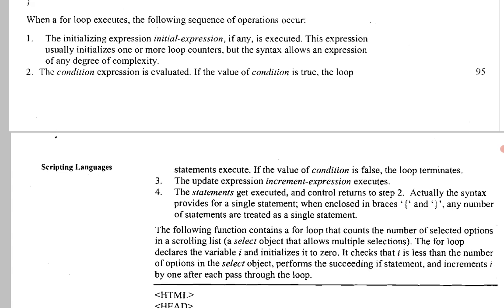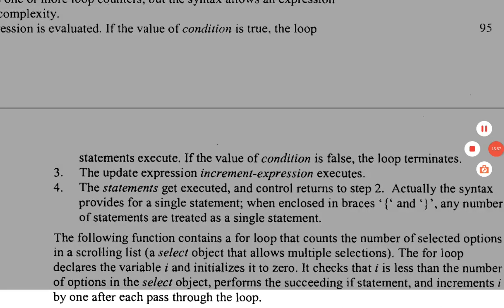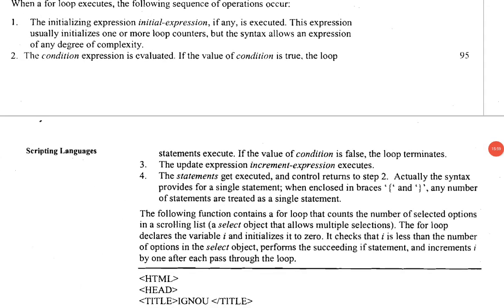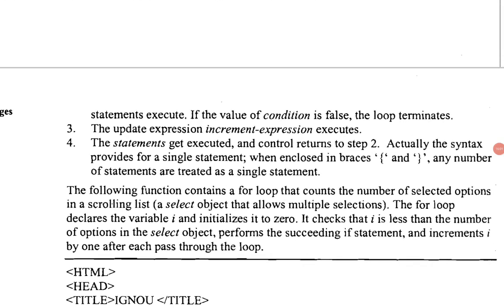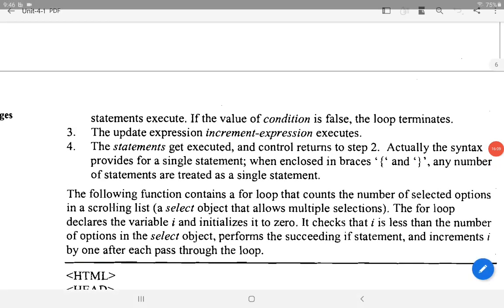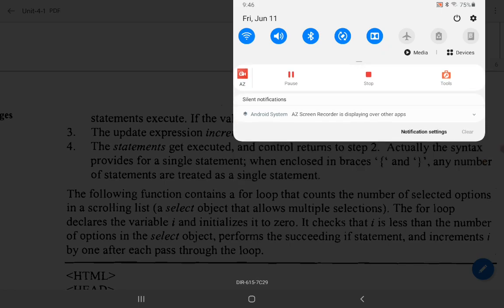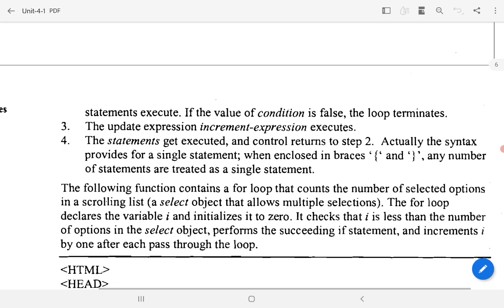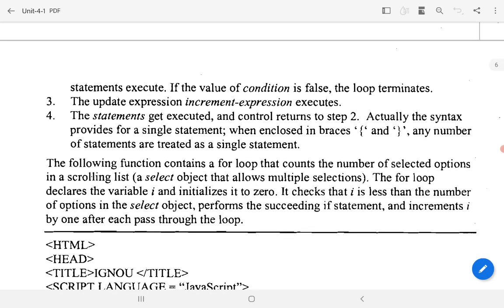If the value of the condition is false, the loop automatically terminates. Number 3, the update expression, the increment expression. In the third part, the value of the looping variable or index variable will be updated, meaning it will be incremented or decremented.